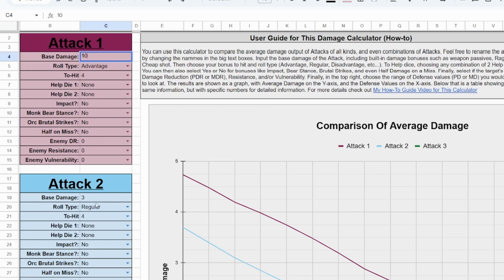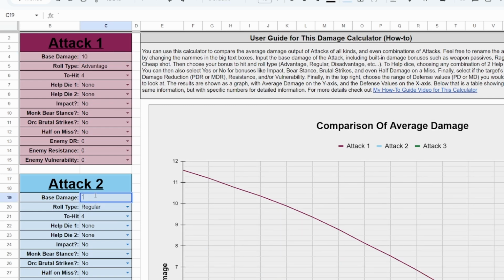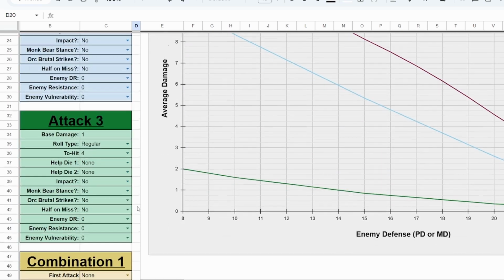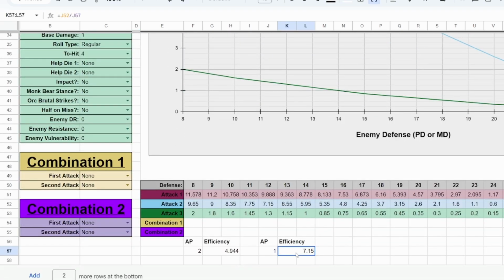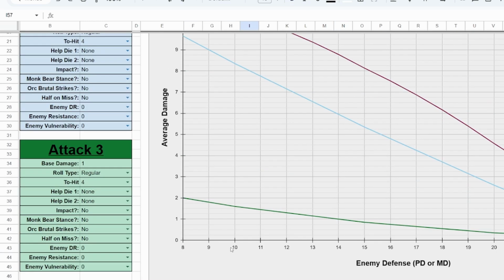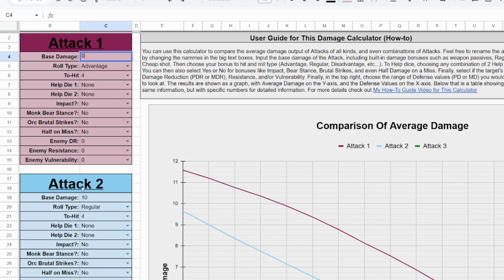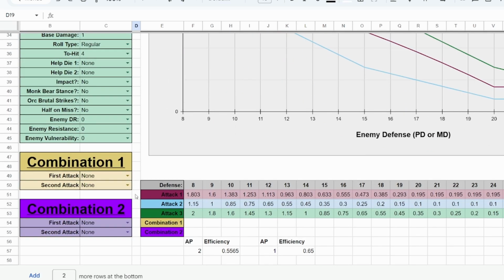If I had 10 base damage for both of these scenarios, we can check out this damage that you're not going to be dealing realistically. But in this case, the efficiency is still a lot higher just trying to land my attack than it would be using advantage. We can even try the opposite, which is if we had a 0 base damage attack. And now we can see the efficiency is kind of close.